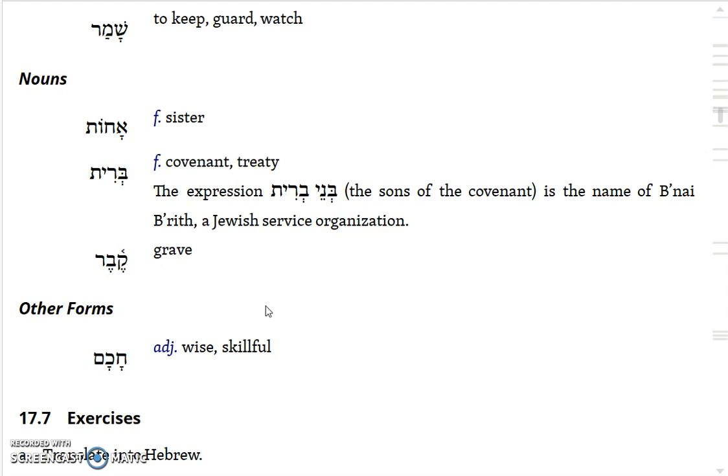And then related to kavar, bury, is kever, grave. And then an adjective, hakam, is wise or skillful. Or if it's used substantively, it can be used of a wise man or a sage.